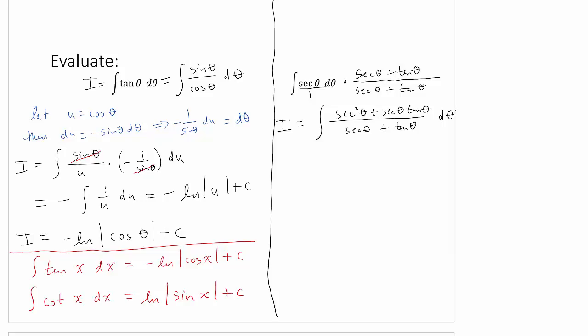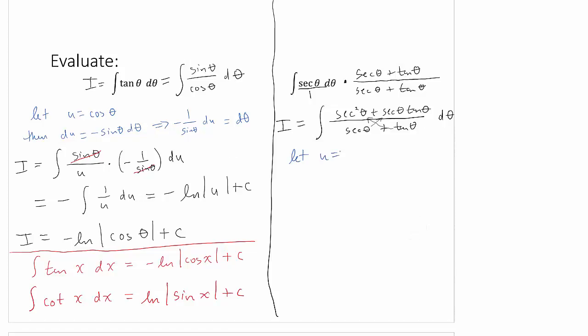If you remember your rules for derivatives of trigonometric functions, the derivative of secant theta is secant theta tangent theta, and the derivative of tangent theta is secant square theta. So I'm going to make the substitution.